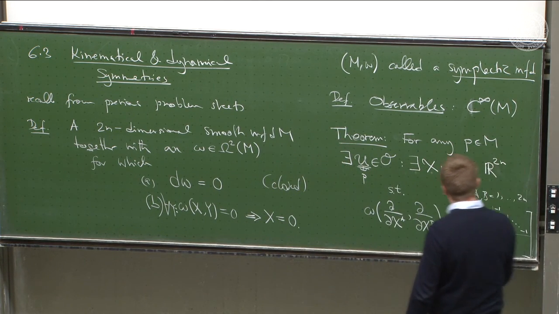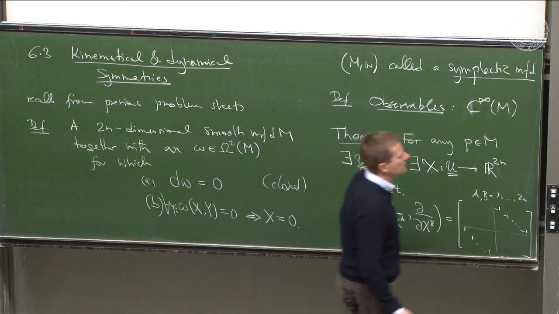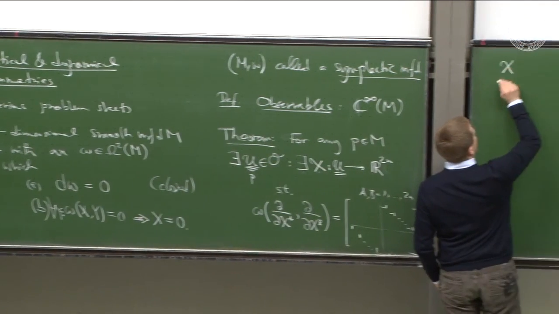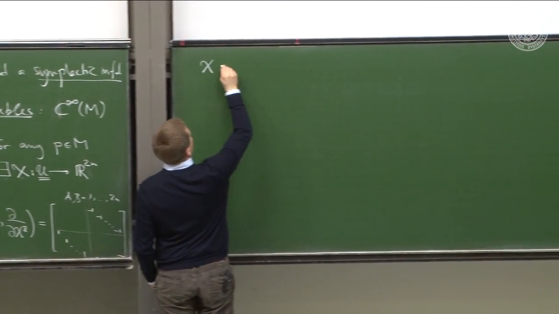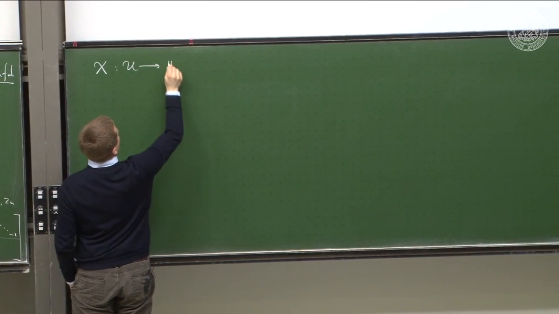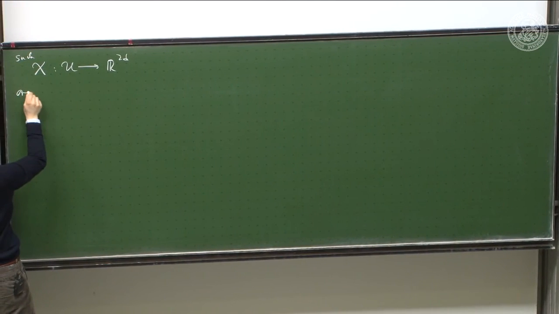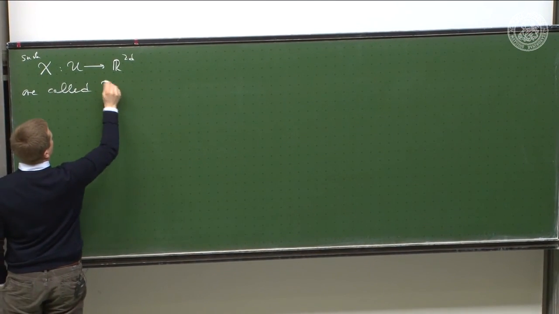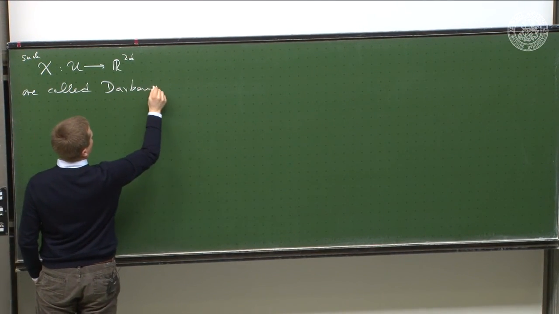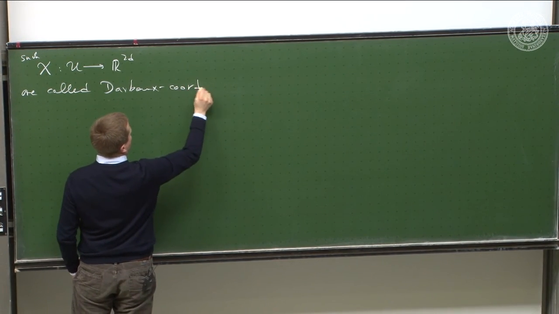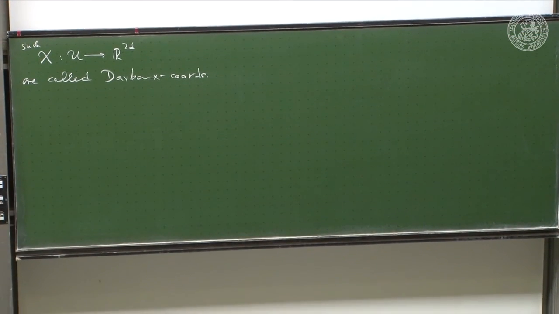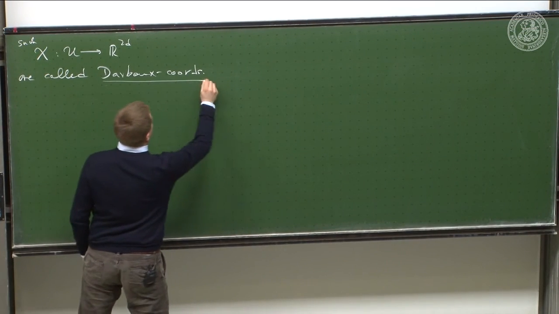And these coordinates here, they're called Darboux coordinates. So the psi that goes from U to R^2n, such psi are called Darboux coordinates. Okay? Fine.